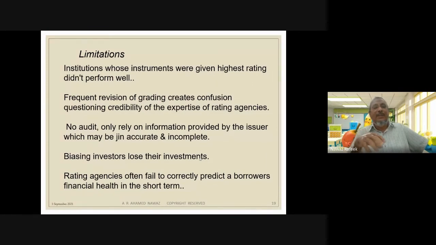For example, a rating is given about the income pattern of a business. When it comes to the off season, that business's financials are negative and can deteriorate, but in the on season it may increase. So that has to be carefully understood.